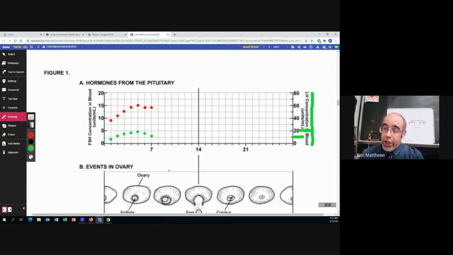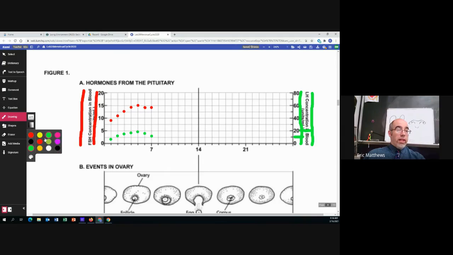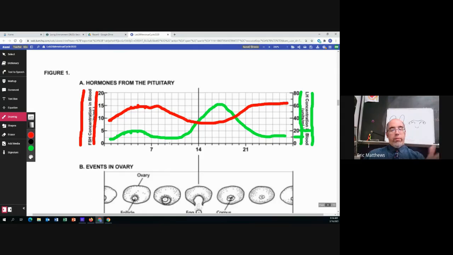So you can see you're going to have 2 different lines. The red line for FSH is based on this chart on this side. The green line for LH is based on this chart on this side. And then ultimately, you're going to have your line come through and do something like this. So it'll have its 2 lines.